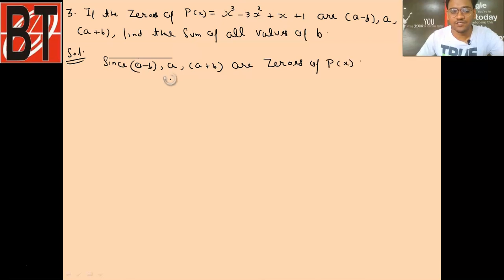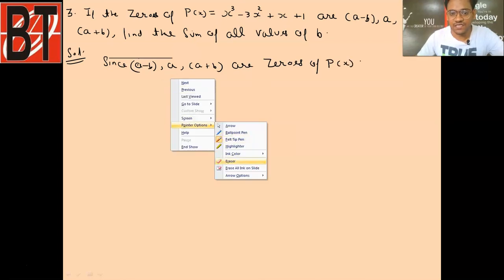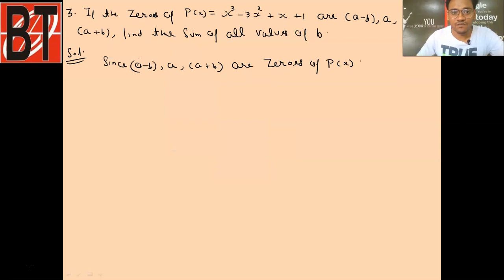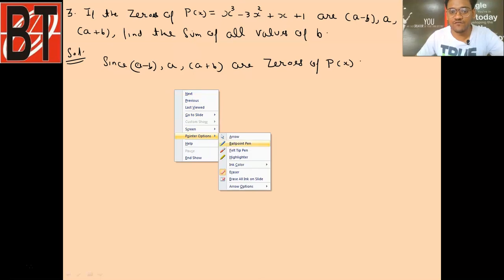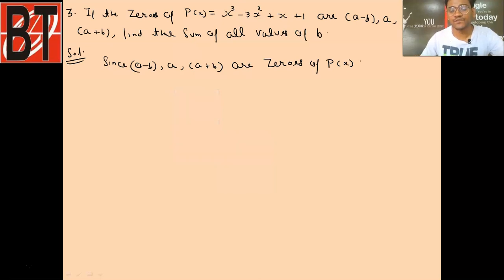Now students, just tell me one thing, if these 3 are zeros of p(x), the sum of zeros, alpha plus beta plus gamma, is going to be equal to minus b upon a. So sum of zeros is a minus b plus a plus a plus b. It will be equal to minus b by a.